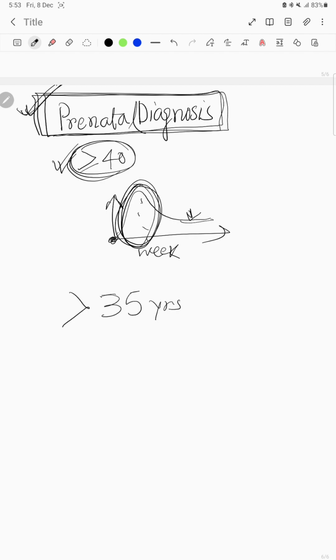Now, what are the main tests that we do in prenatal diagnosis? They can be divided into three categories.